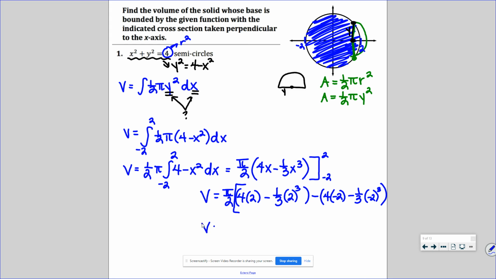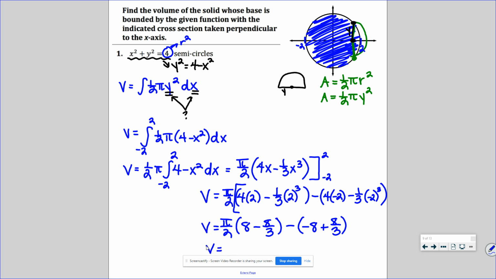Okay, and then we can be very careful and simplify. So we would end up with 8 minus 8/3, minus -8. This would be positive 8/3. I'm pretty sure -8 times, yeah, that's positive 8/3.